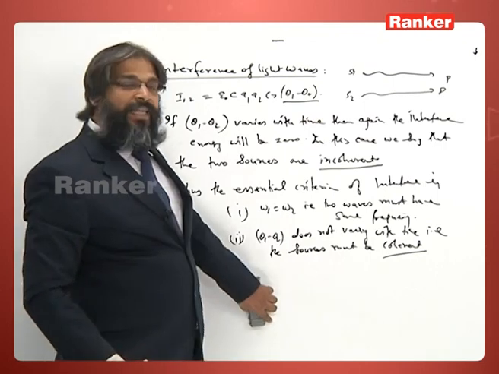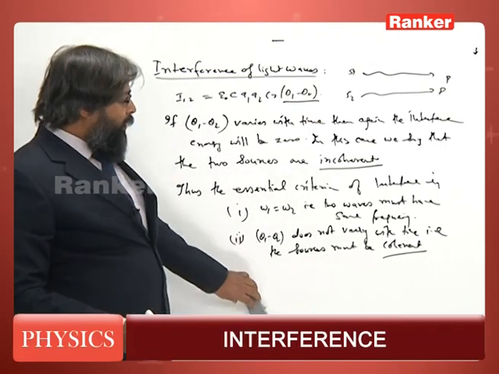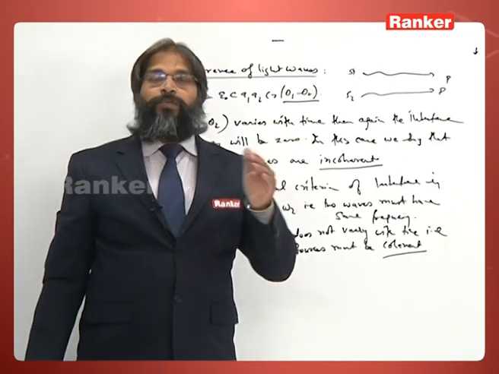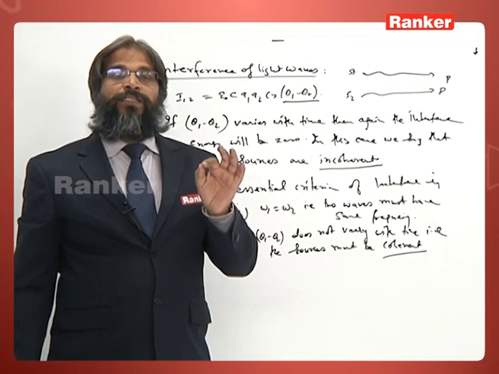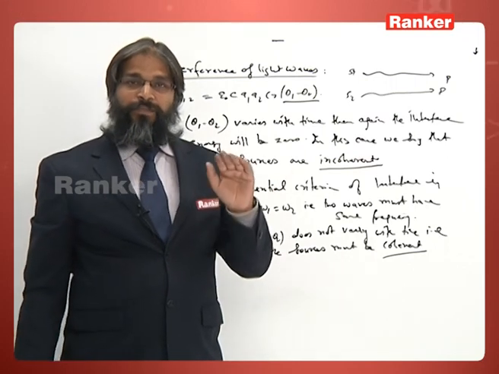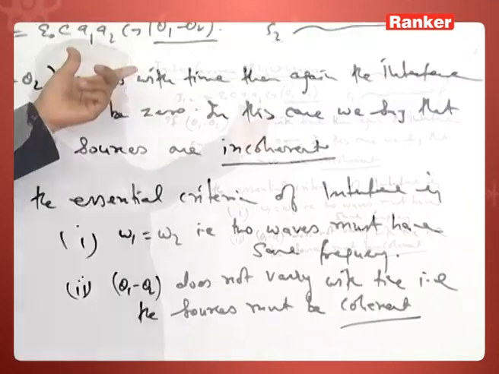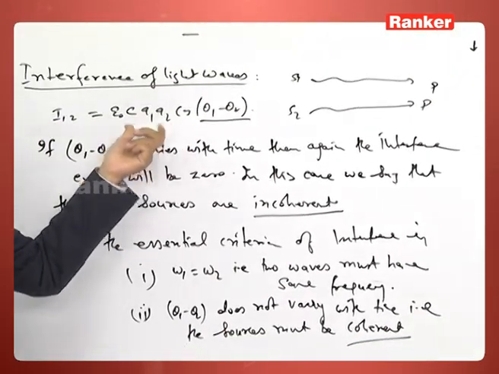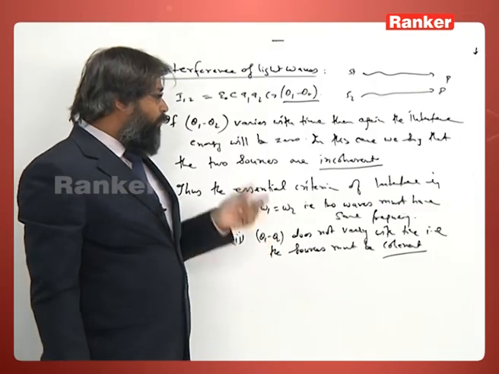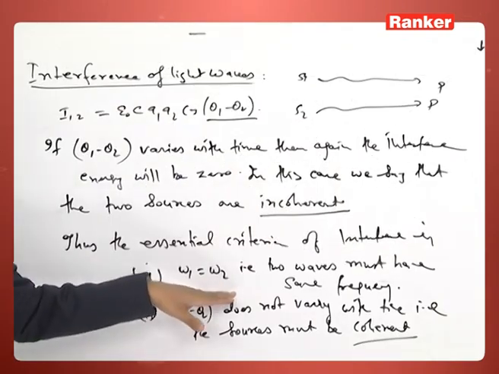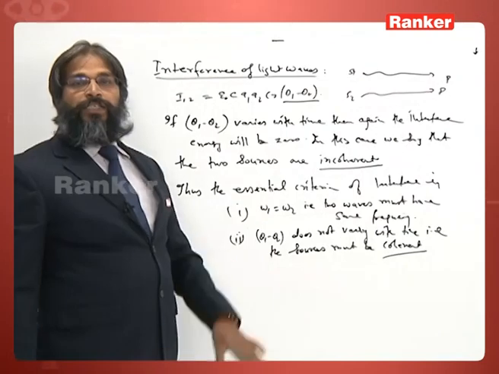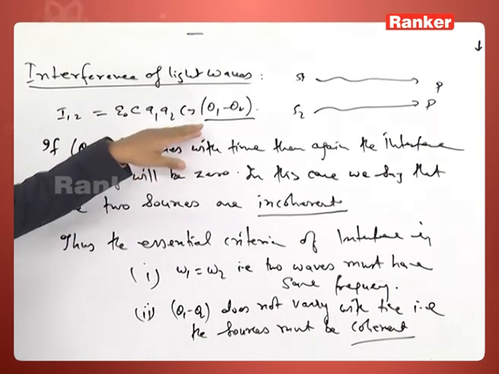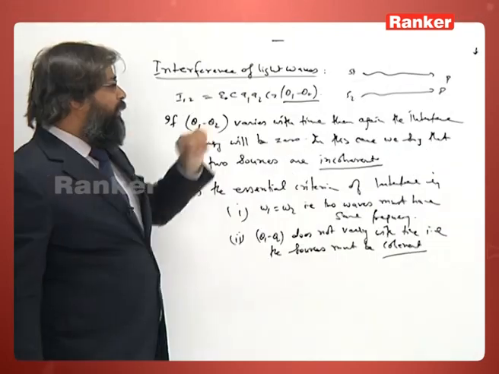By coherency we mean that if any phase difference exists between the two sources, that phase difference must be maintained constant. If that varies with time, the I12 average will be 0 and there won't be any interference. So for interference, omega 1 should be equal to omega 2 and the two sources must be coherent.